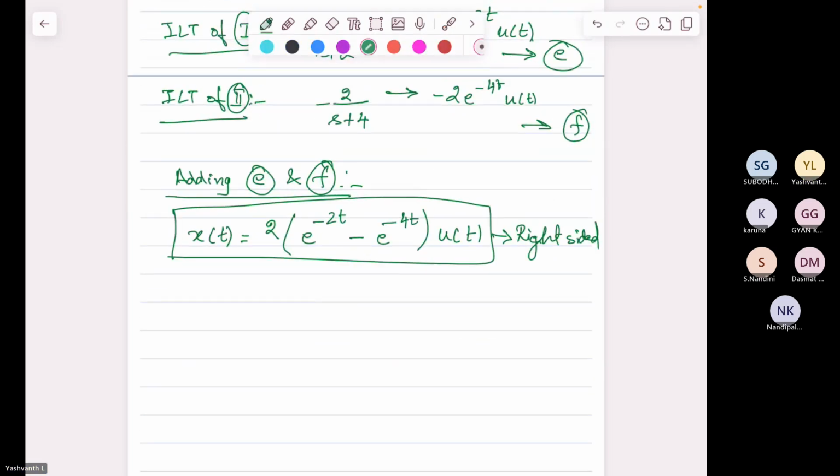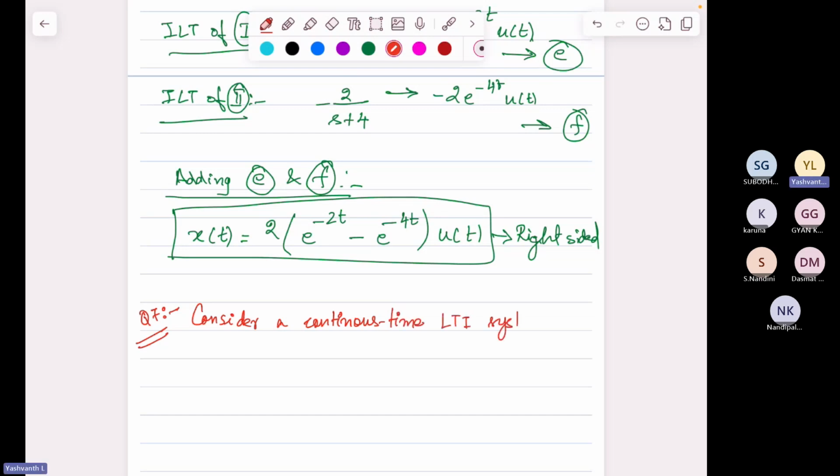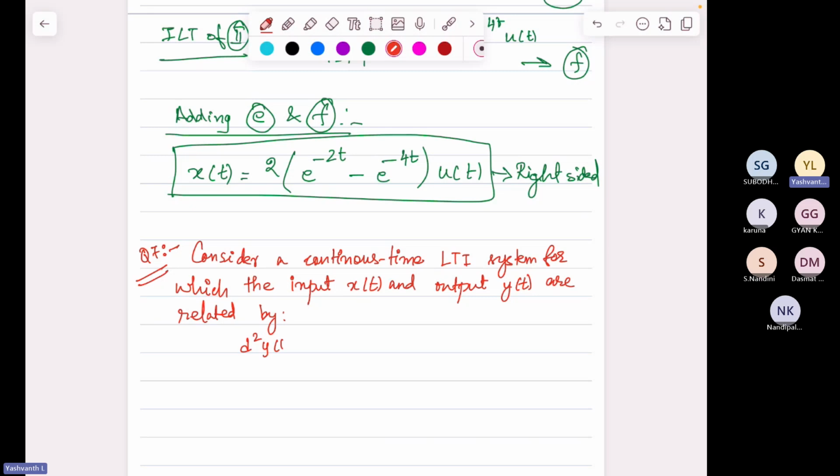This is question number 7. Consider a continuous time LTI system for which the input x of t and output y of t are related by d square y of t by dt square plus dy of t by dt minus 2y of t equal to x of t.